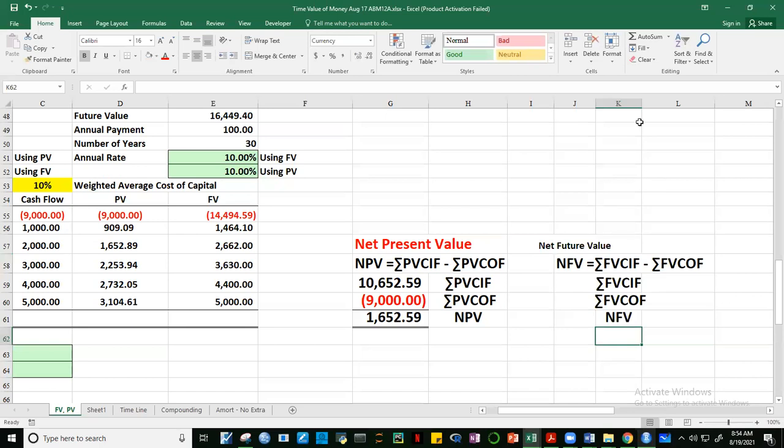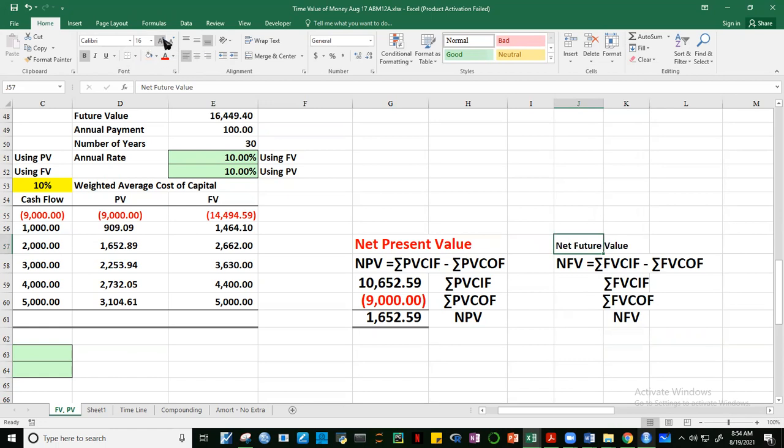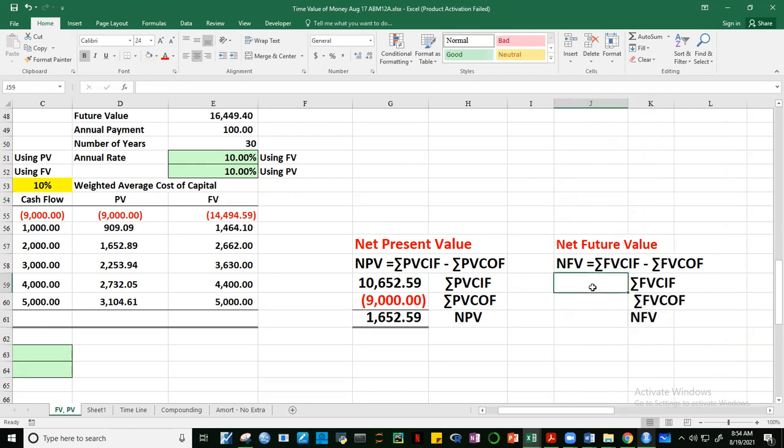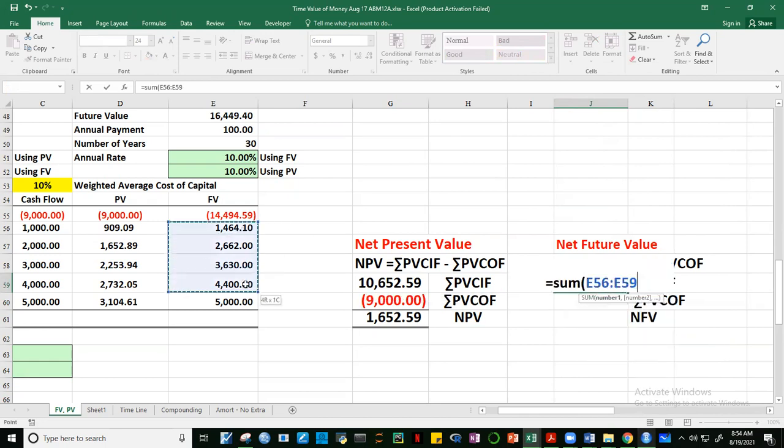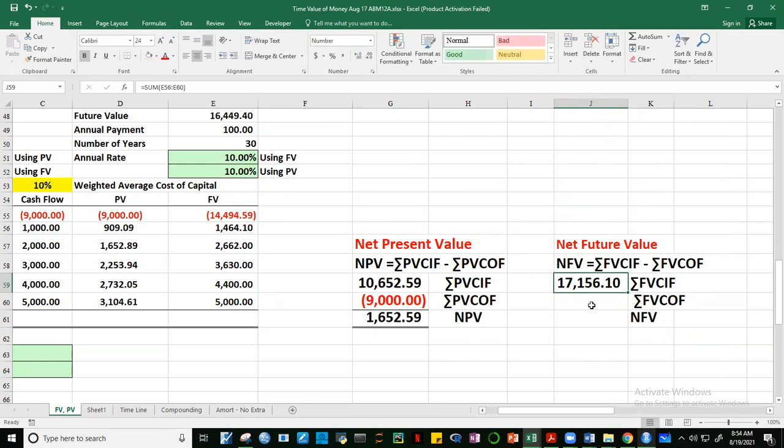So pareho lang siya guys, only that ito ang kino-compute natin mga future values. Okay, so this is equal to the sum of the future values, then future value ng cash outflow is this one. So net future value natin is just the sum of there.